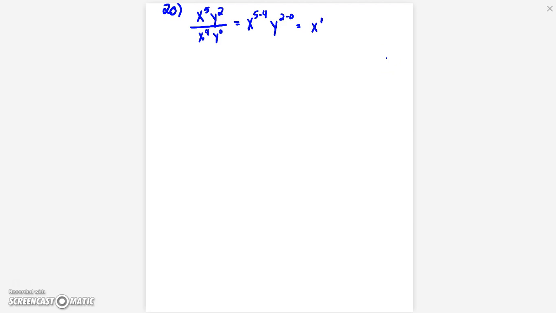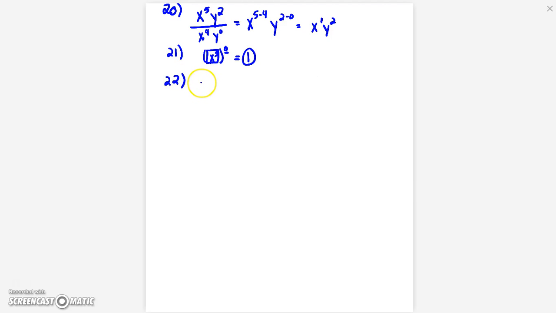You don't have to write that one. y squared. x cubed to the 0 power. Anything, no matter what is in here, if it's to the 0 power, my answer is 1.